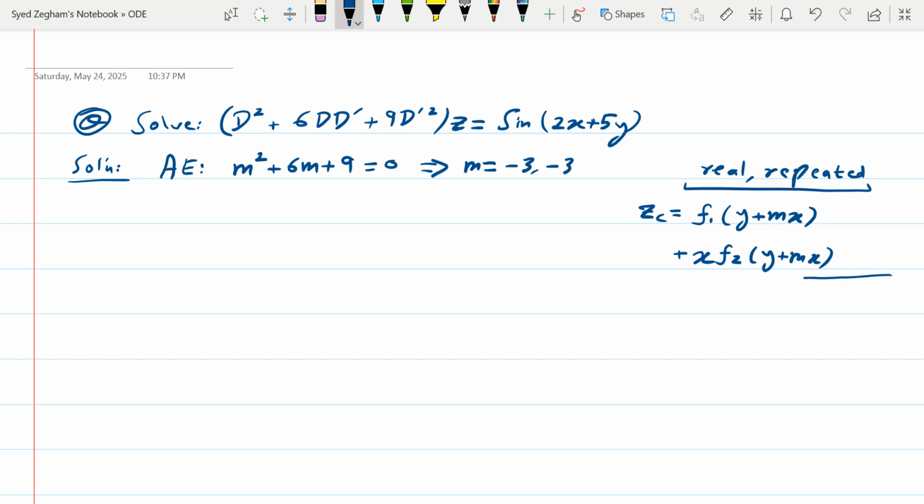So this is how you write the complementary function when you are getting repeated values.